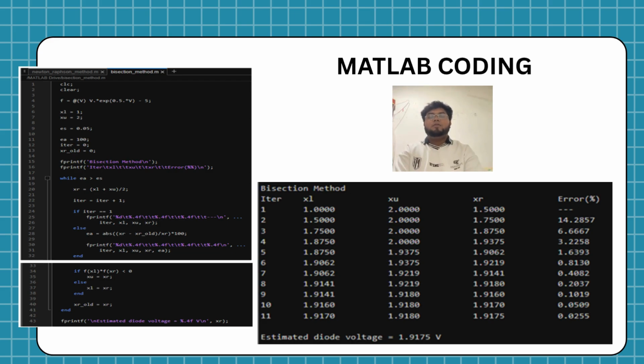The next MATLAB code is for the bisection method. Similarly, in MATLAB we implement the bisection method. The code defines the interval, checks the sign of the function, calculates the midpoint, and repeats the process until it converges. The program automatically records the number of iterations and the final voltage value.